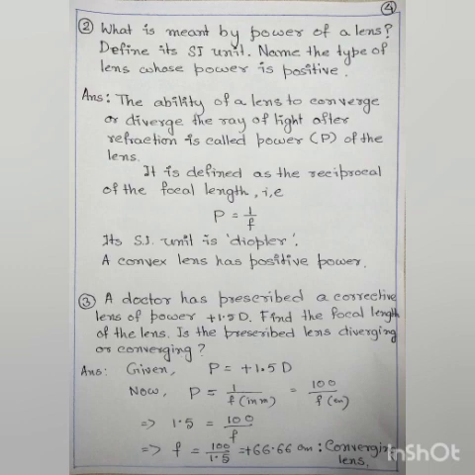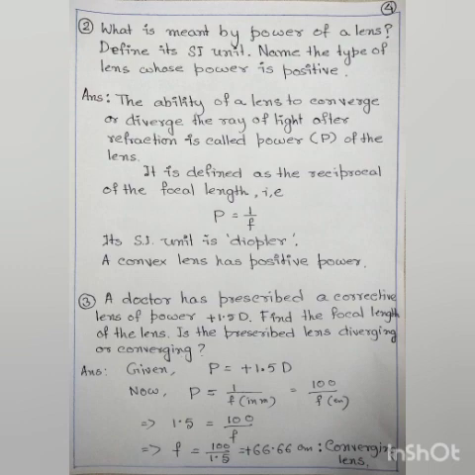Now see here, power P equals plus 1.5 diopter. So if we want to measure the focal length in the SI system, that is in meter, we will use the formula P equals 1 by F. Or if we want to derive the focal length in centimeter, we will use the formula P equals 100 by F. So here I am using P equals 100 by F. Just substitute the value of P, that is plus 1.5.